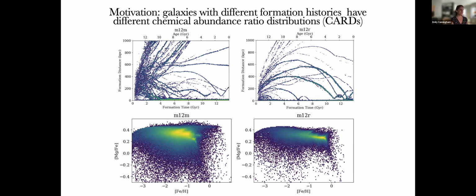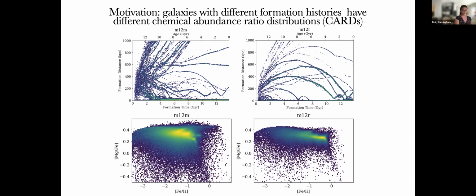When I say CARDs, what I really mean is the distribution of stars in, for the purposes of this talk, the magnesium on iron versus iron on hydrogen plane. If we look at the distributions of stars in this chemical plane, [Mg/Fe] versus [Fe/H], we can see just with our eyes that these two distributions immediately look very different from one another.